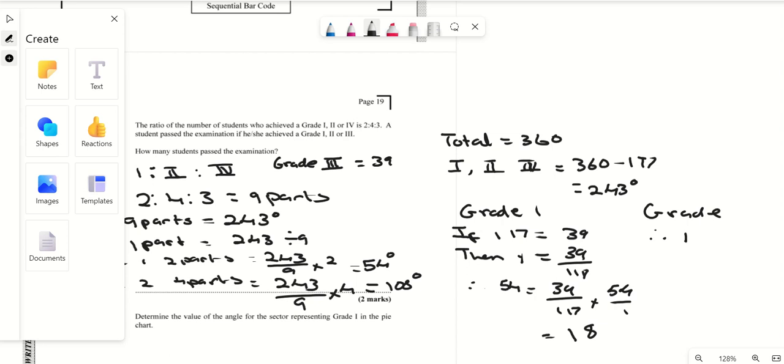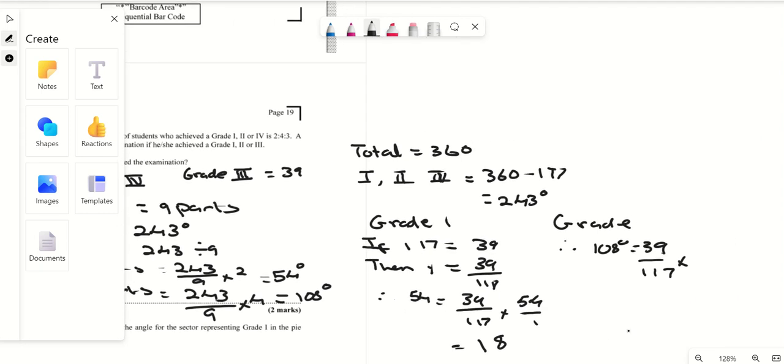Therefore, we want to find 108 degrees, which is 39 over 117 multiplied by 108, right? Multiplied by 108, and that is equal to 36 students. So now we know that grade 1 is 18 students. We know grade 2 there was 36 students, and we know grade 3 from the question above is 39.